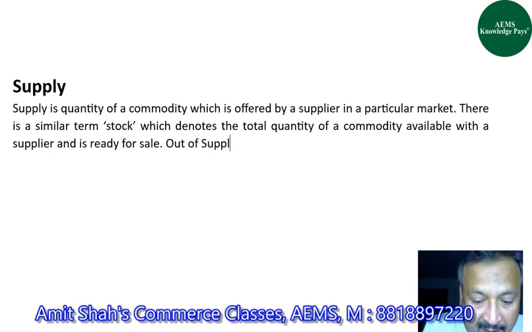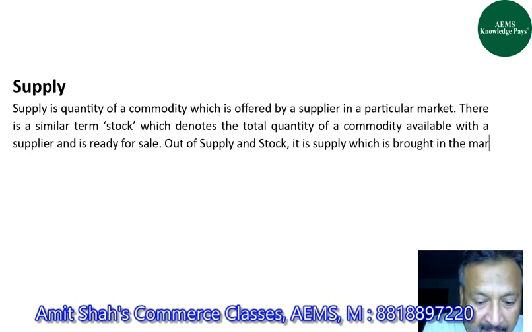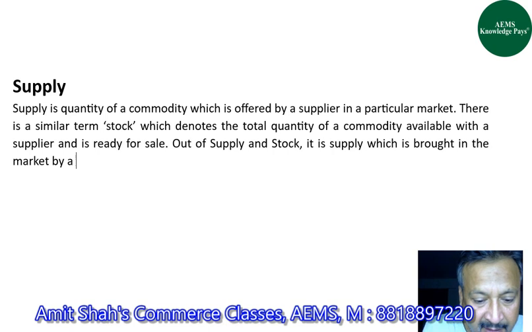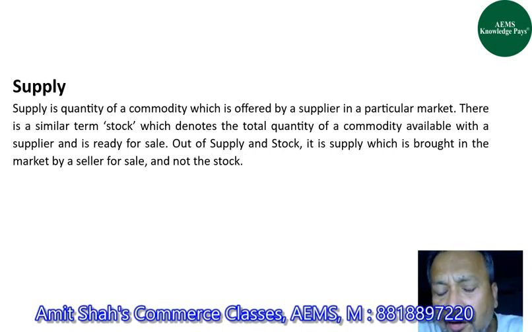So out of supply and stock, it is supply which is brought in the market by a seller for sale and not the stock. Whatsoever a producer or a seller brings in market for sale, that actually is supply.